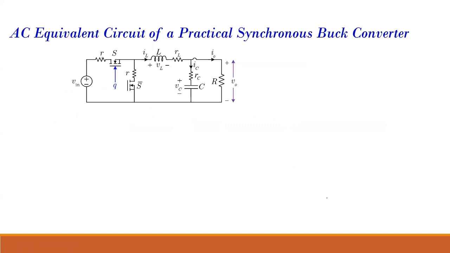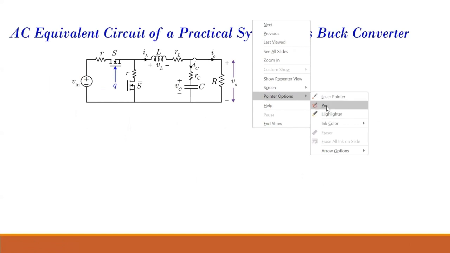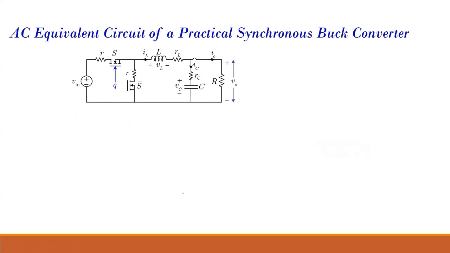So this is my buck converter, right? So my inductor current is like this. So my current flowing through S is this.